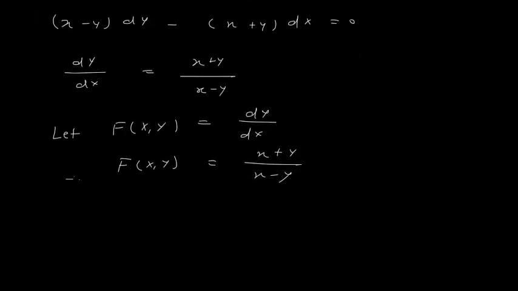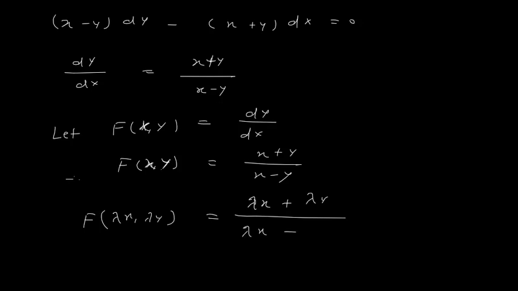Not capital X capital Y, you can say small x small y, because we have used small x and small y as variables. Now we will find f of lambda x comma lambda y, meaning we replace x with lambda x and y with lambda y. In the denominator also we do the same thing.